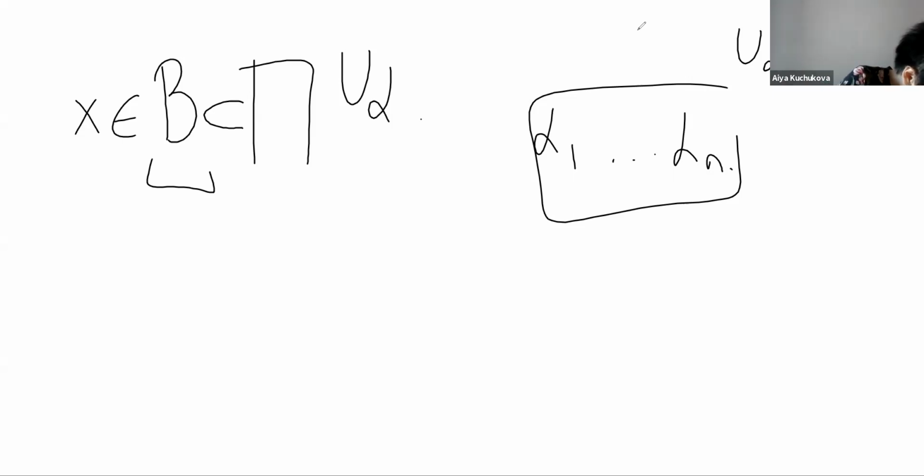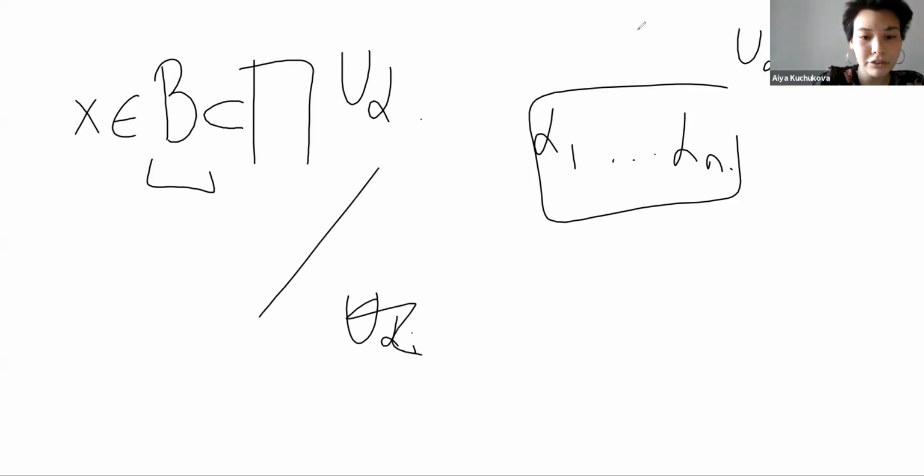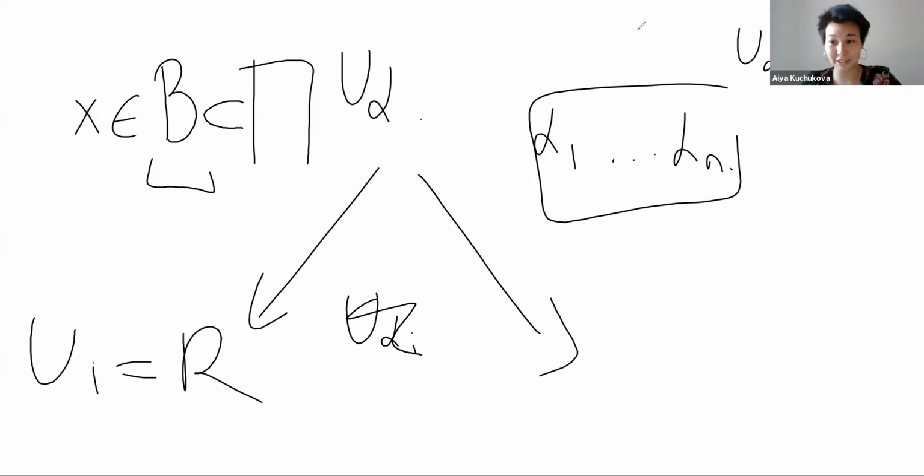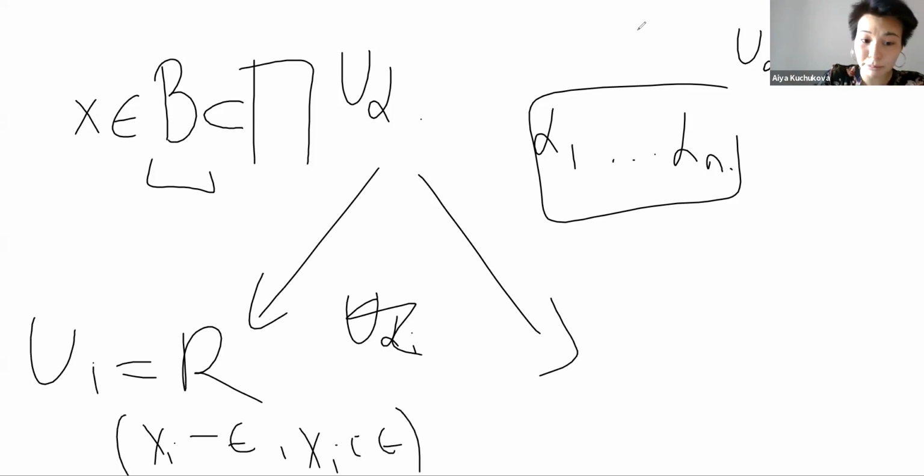Why? Because what you do is you choose for each of those U_alpha_i's. So look, you have two possibilities. First, U_i is just equal to the entire space R, which is awesome because whatever interval you take, like x_i minus epsilon, x_i plus epsilon, it would always be in R. So you don't have to care about it.